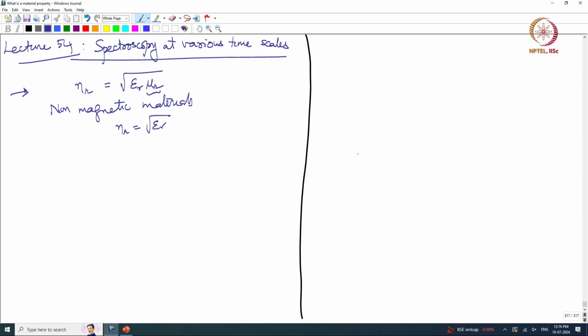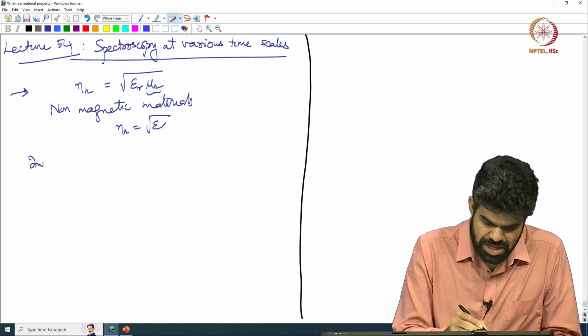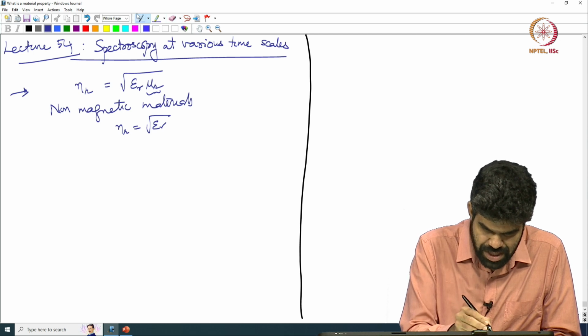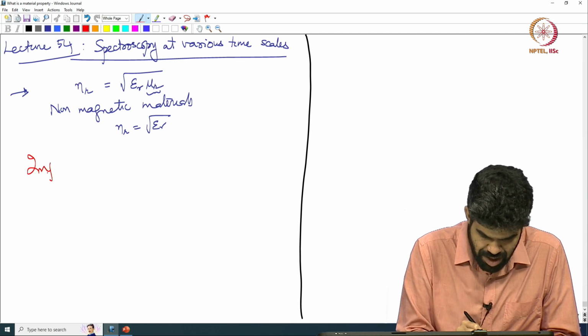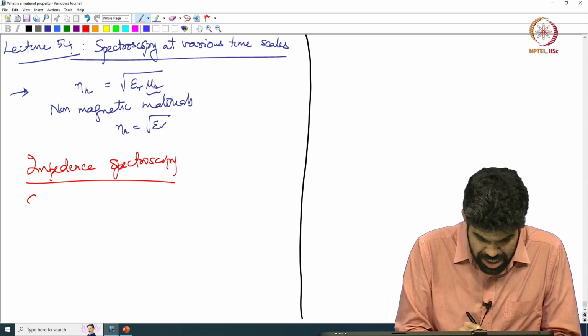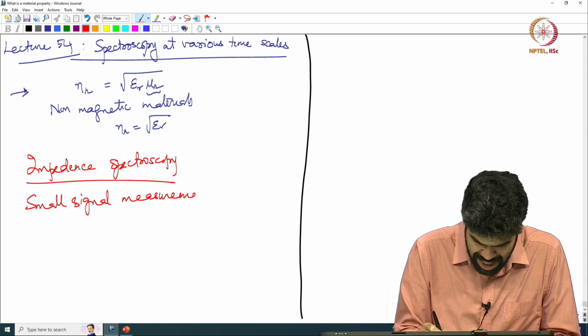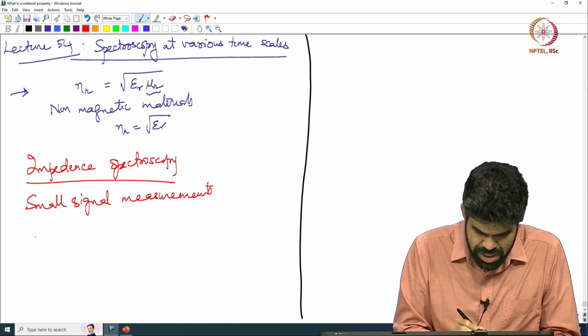Now, what is impedance spectroscopy? We studied what are called small signal measurements, where the input is a small signal.